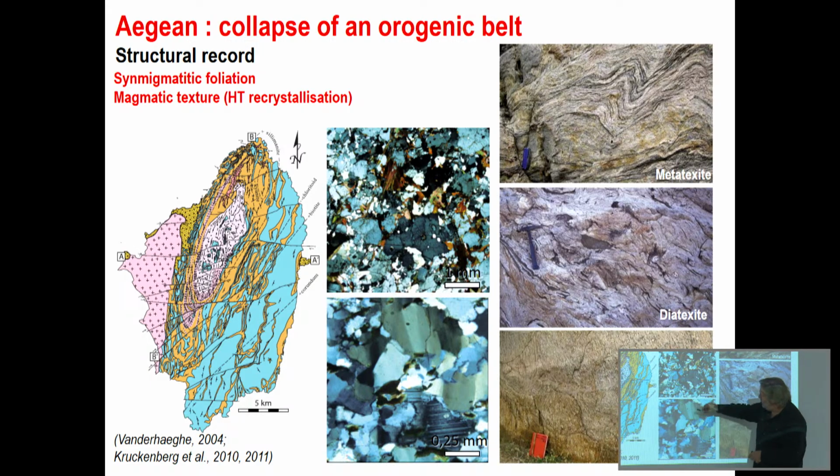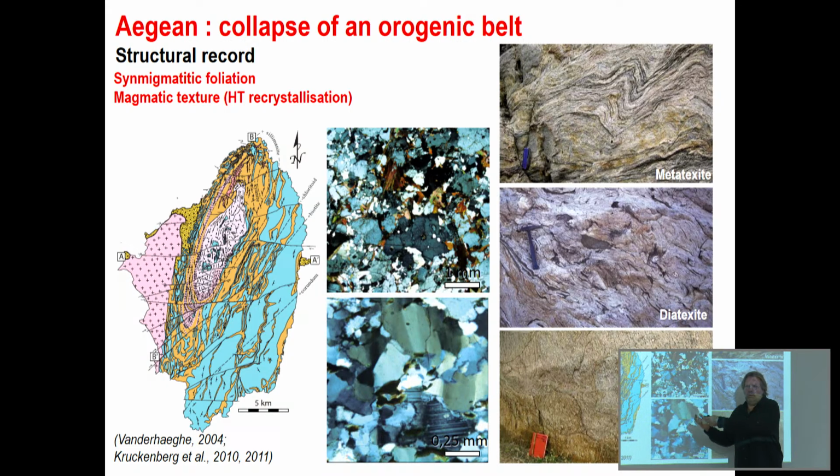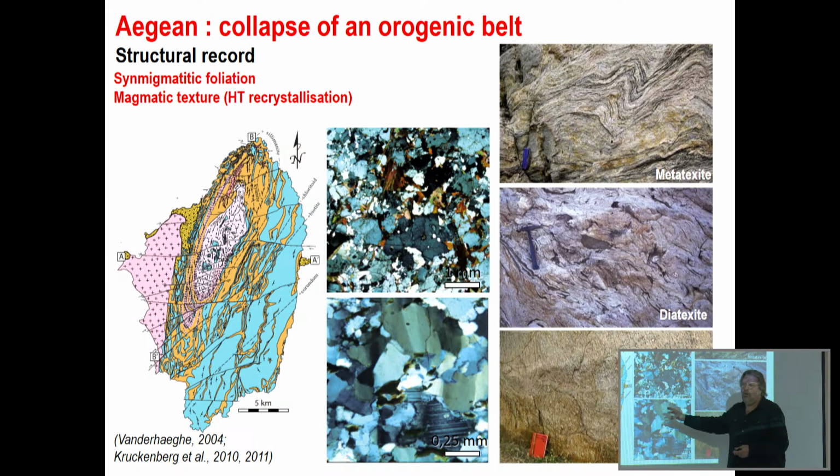And when you have bands of extinction at 90 degrees, making a sort of chessboard, that means that there are several slip systems that have been activated, and that's reproduced in experimental work and is a test for deformation at solid state at around 600 degrees. So we know that there has been a hint of solid state deformation, but not much.